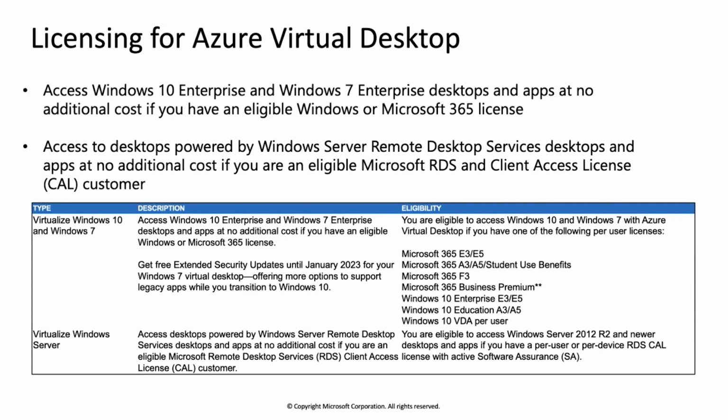Similarly, access to the desktops by using Windows Server Remote Desktop Services is at no additional cost if you have the Microsoft RDS licenses as well. So if you have Microsoft 365 subscriptions and RDS licenses, you can use those at no additional cost. This is one area which should be taken care of.